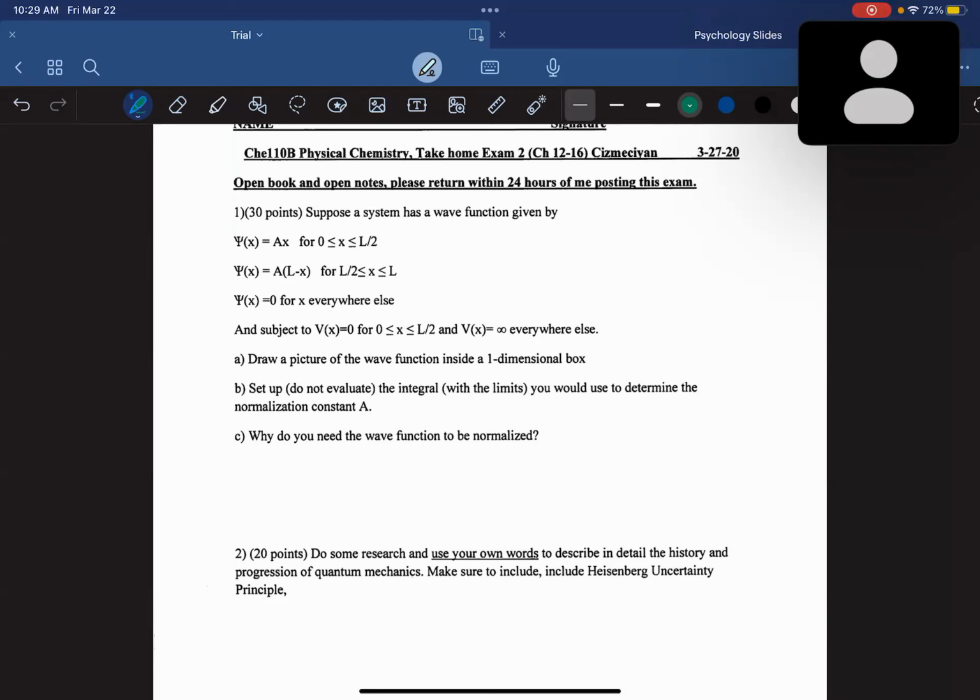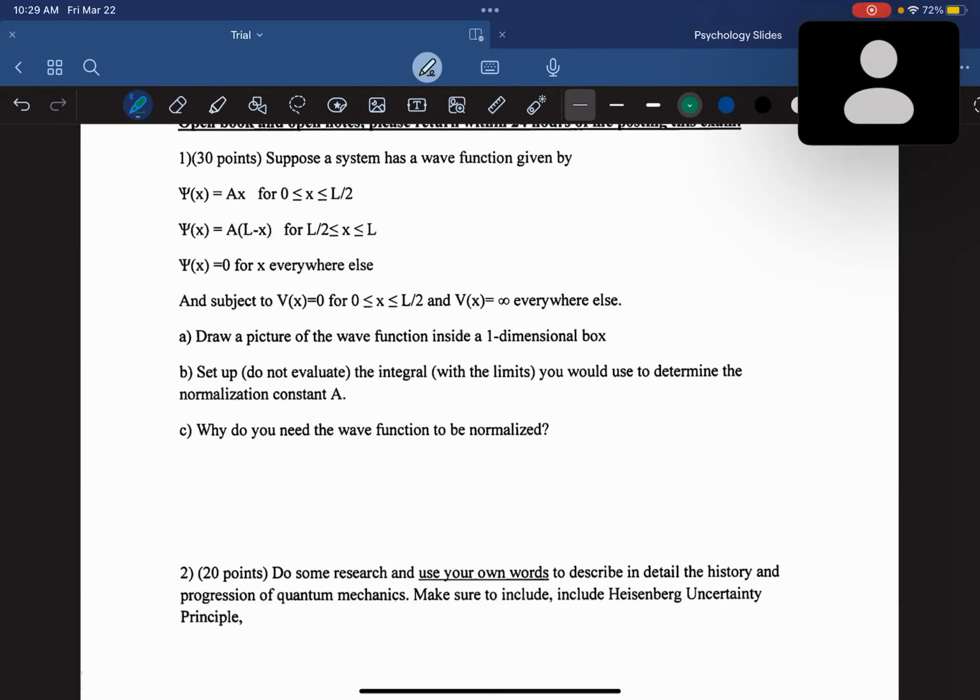Okay, cool. So Dr. C sent me some problems to go over with you guys. I'm gonna just go ahead and do that. So the first one is you have a system with a wave function. You have these two. So I'm just gonna say that the full wave function is gonna be the addition of those two.